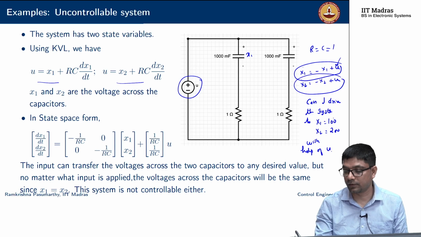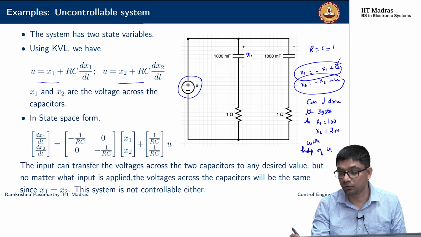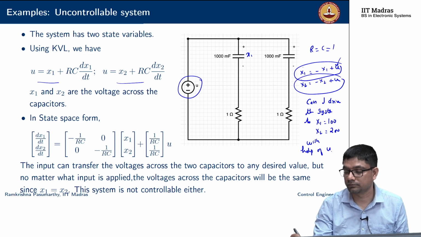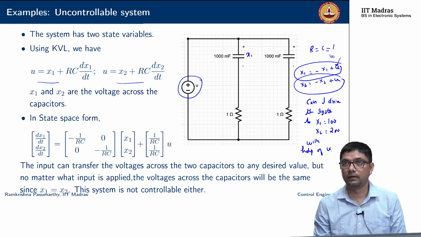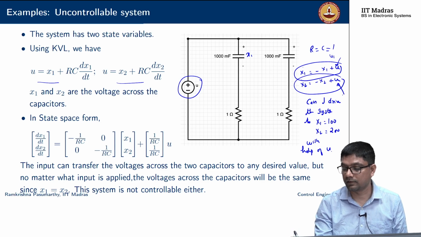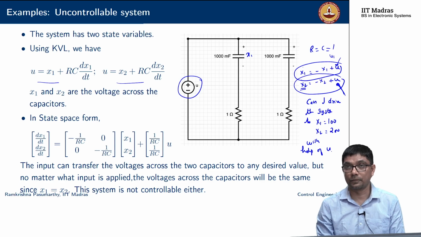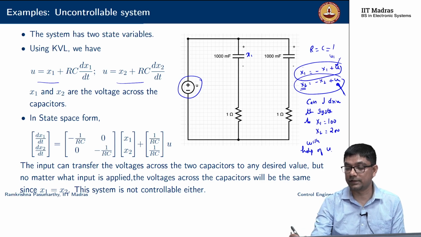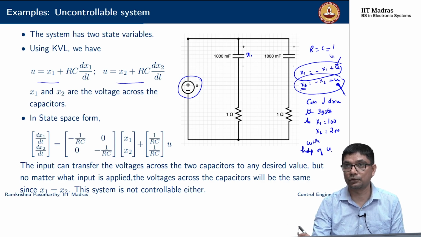First I look at the first equation, I design some u, say u1. Now this u1 will drive x1 to 100. Now the same u is being applied here. Can I use the same u to drive this to 200? The answer is no, right? Because I already fixed my u to u1, which will drive my x1 to 100.